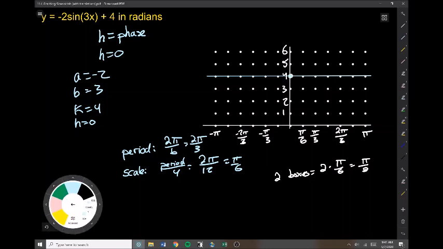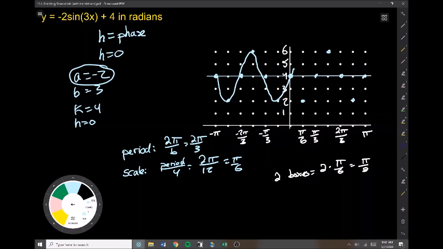Sine starts middle. The a value is negative, so I'm going to start by going down 2 and over 1. Middle, low, middle, high, middle, low, middle. I follow my pattern: middle, high, middle, low, middle, high, middle, low.